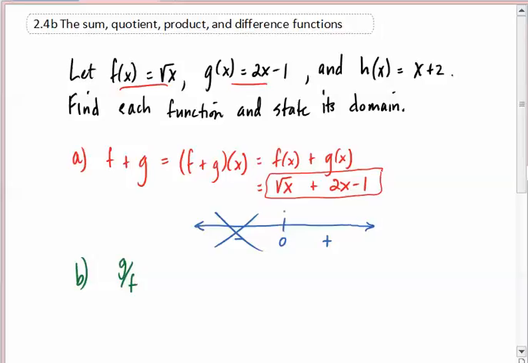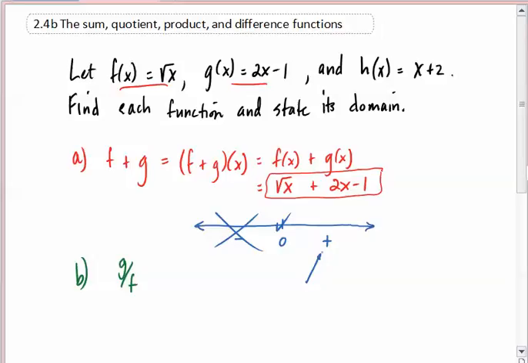So let's take a look at 0. Is 0 going to be okay to put in here and here and not break any math rules? When I say break any math rules, I mean, would it result in an imaginary number? No. Would it result in a 0 on the bottom of a fraction, meaning undefined? No. So putting a 0 in is going to be just fine, so I'm going to check that. Now I'm going to go to the positive side of the number line and ask the same question.